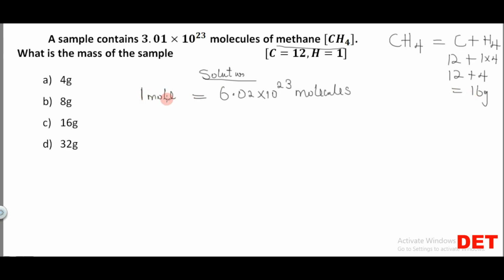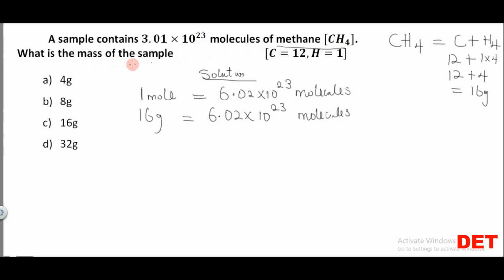So if 1 mole of methane is equal to 6.02 times 10 raised to the power 23 molecules, then 16 grams, which is equal to 1 mole of methane, will be equal to 6.02 times 10 raised to the power of 23 molecules. Again, the question is, a sample contains 3.01 times 10 raised to the power 23 molecules of methane.